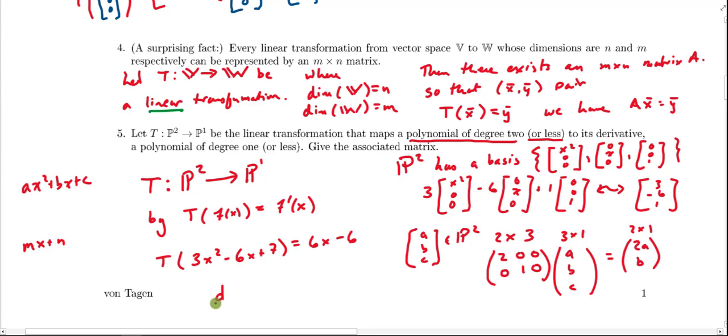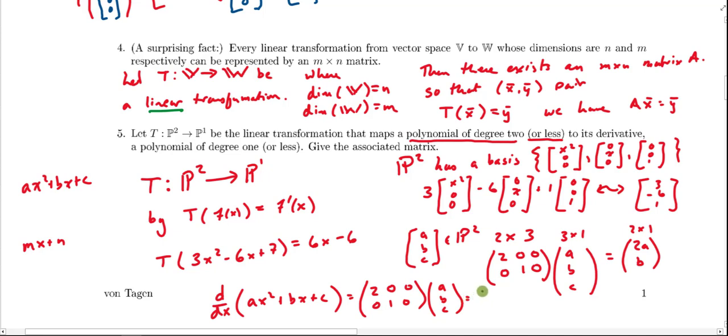Another way of saying that is if I were to take the derivative with respect to x of this polynomial right here, I'm saying that we can take that derivative by taking 2, 0, 0, 0, 1, 0 times the vector a, b, c, and if we do so, we end up with the vector 2a, b, but that just corresponds to the polynomial 2ax plus b, and that is, in fact, the derivative of that polynomial.